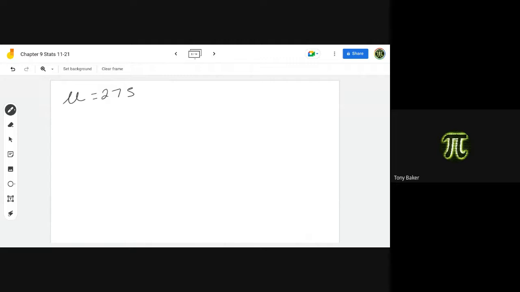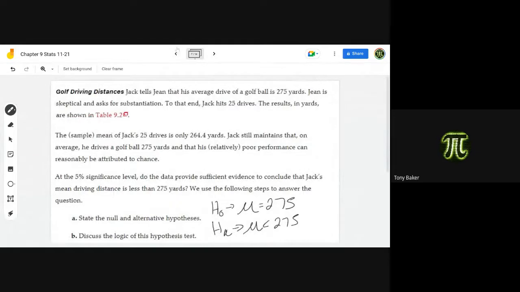And then we have to figure out our standard deviation. So this is of the sample. So let's figure out my standard deviation divided by the square root of however many I have, right? I think in this problem, did it tell me in there?